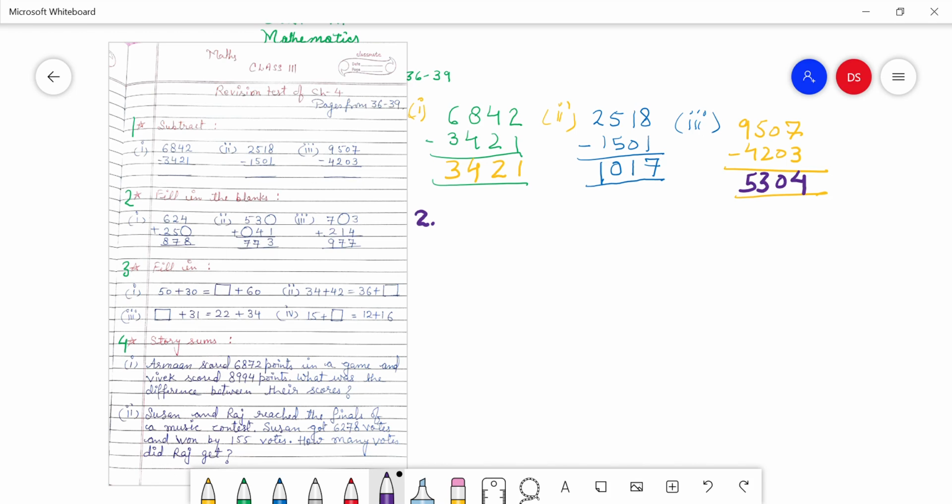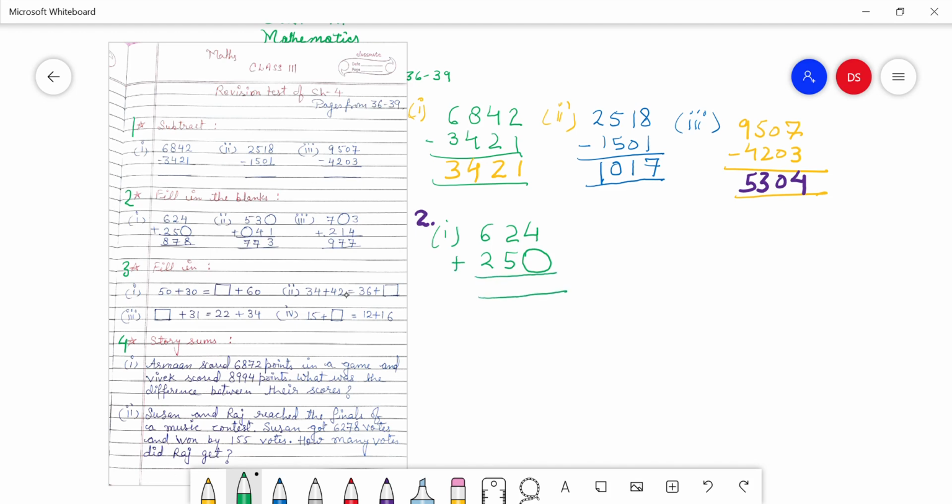Here, children, you can see that fill in the blanks are given. We can fill the number as we have the answer. Here it is 624, and here it is 25 and one blank, and we have the answer also.